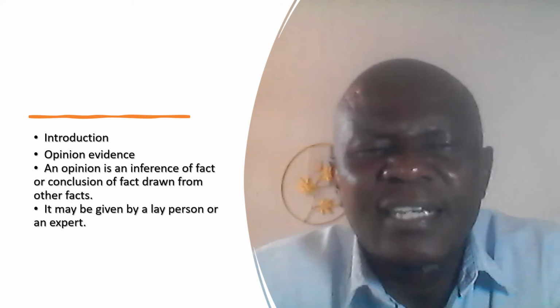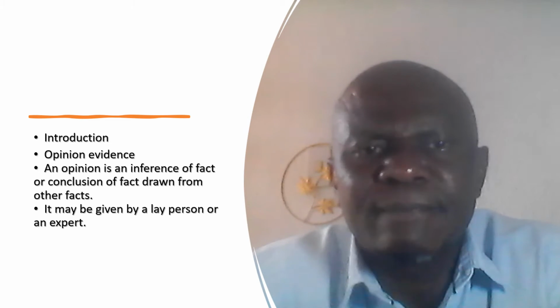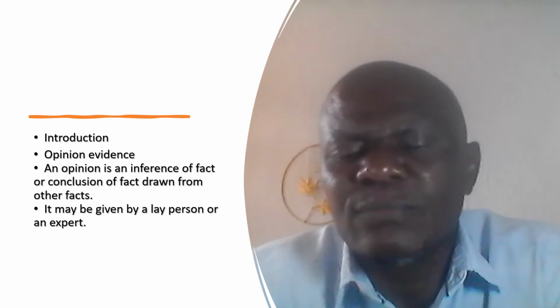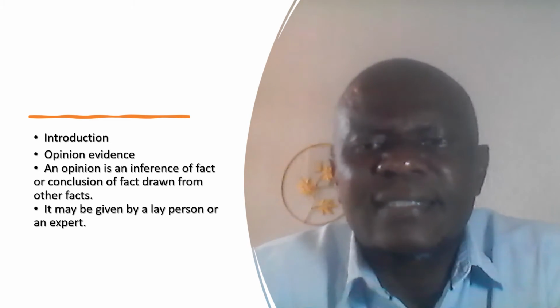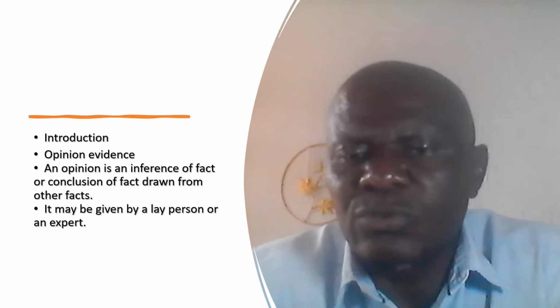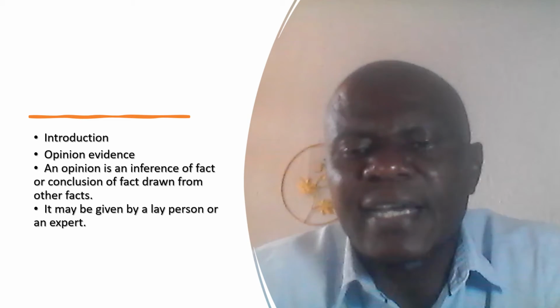Simply defined, an opinion is an inference of fact or conclusion of fact drawn from other facts. In this case, our witness Z is drawing a conclusion from the fact that driver A drove through a red traffic light.